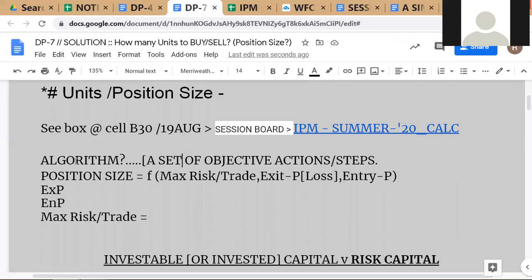Or in fact, instead of set, let's make it a slightly more meaningful term: a sequence of objective actions. What I mean by objective is that it should be understood in the same manner by everybody. If I'm leaving the room and I give an instruction saying that if the AC gets very cold, then switch off the AC, that's not an objective instruction, because very cold is different for different people.